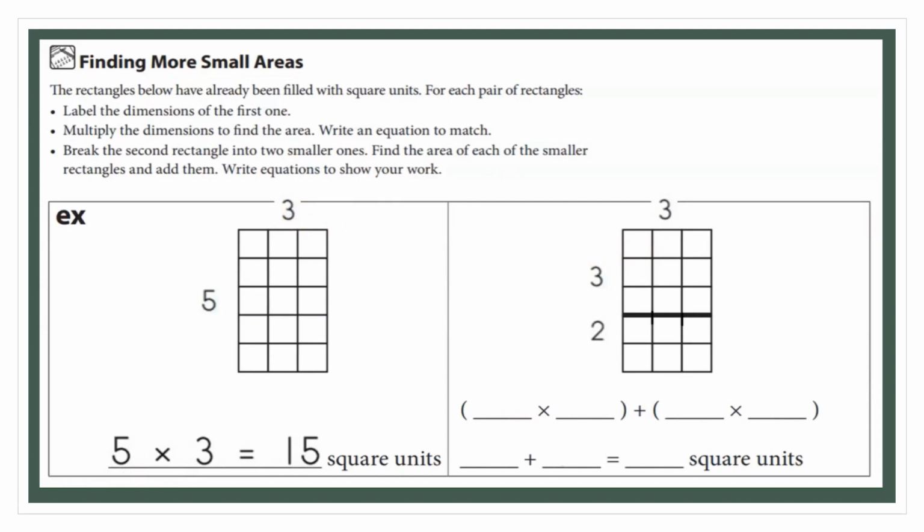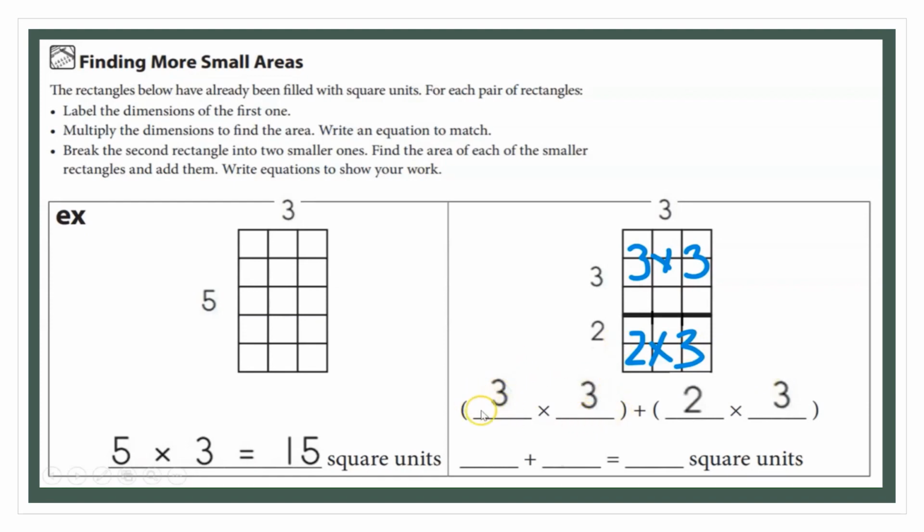Now we want to find the area of each of the smaller rectangles. So 3 rows of 3, or 3 times 3, and 2 rows of 3, or 2 times 3. 3 times 3 plus 2 times 3.